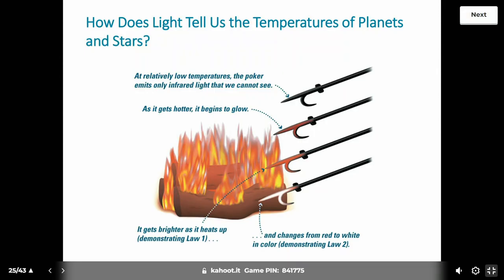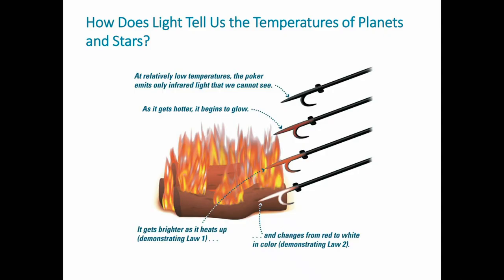So we talked a little bit about this last time, but now that we have a little bit more understanding of what a spectrum is, we'll come back to how we can study the temperature of something based on just the light that we receive from that object.